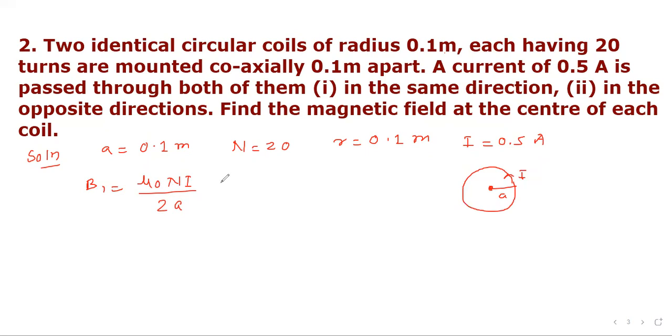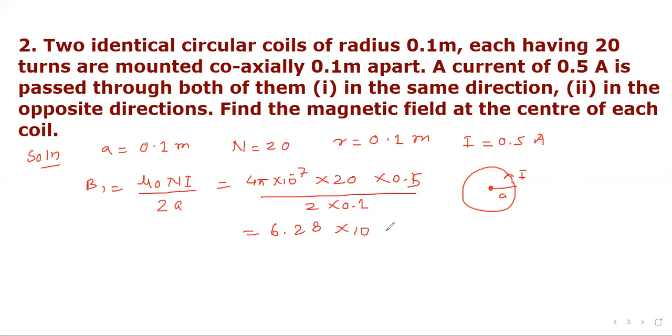So if we put the values, mu naught is 4 pi into 10 to the power minus 7, number of turns is 20, into current is 0.5 divided by twice of A, that is 0.1. If we simplify it, we will get 6.28 into 10 to the power minus 5.